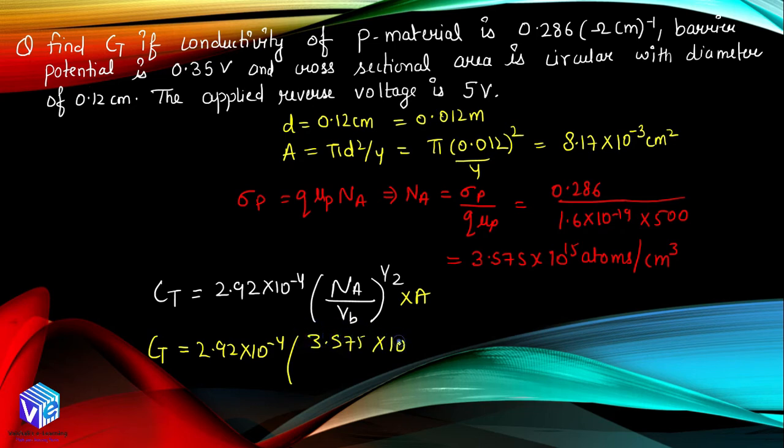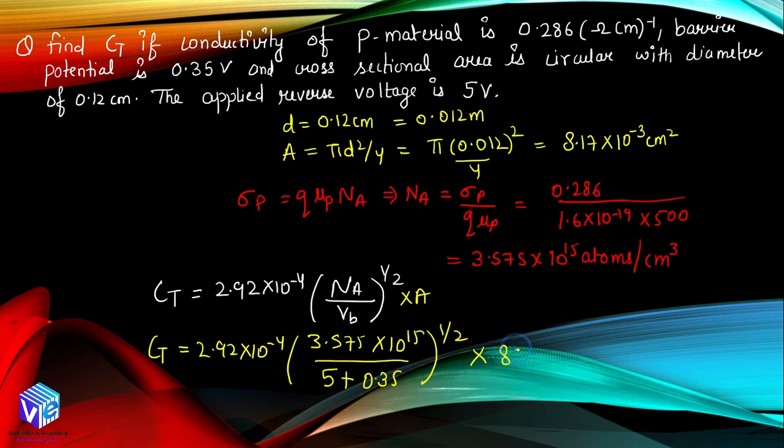3.575 into 10 raised to power 15 upon, if I talk about the Vb will be equal to 5 plus 0.35, right? So we are talking about the barrier potential as well. So 5 plus 0.35 will be there, and I will be having power 1 by 2, right? So what is area?